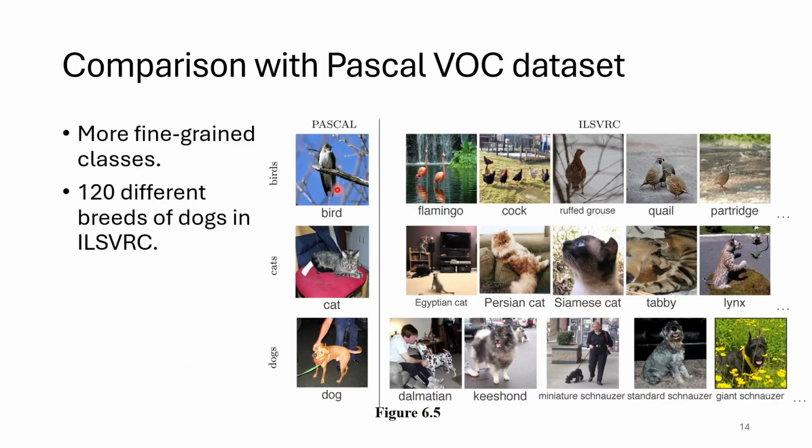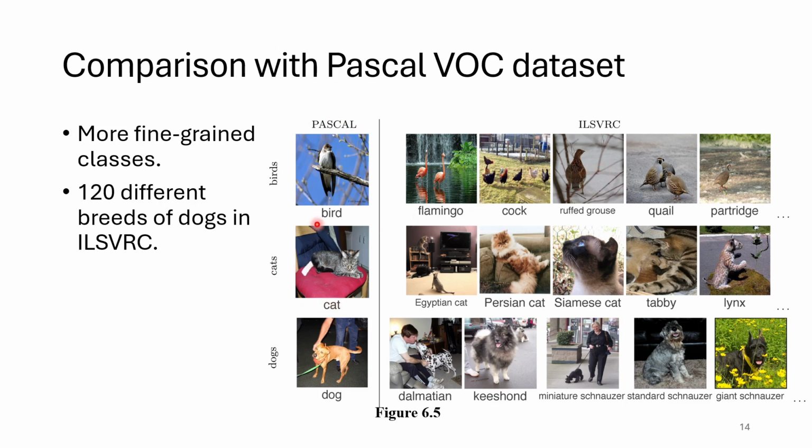Let's compare. Karpathy also very kindly shows us the difference between the Pascal VOC dataset and the ImageNet dataset. Because there are only 20 classes in Pascal, there is a single class named bird. But in ImageNet, there are a lot of different types of bird: flamingo, goose, etc. The same for cat.